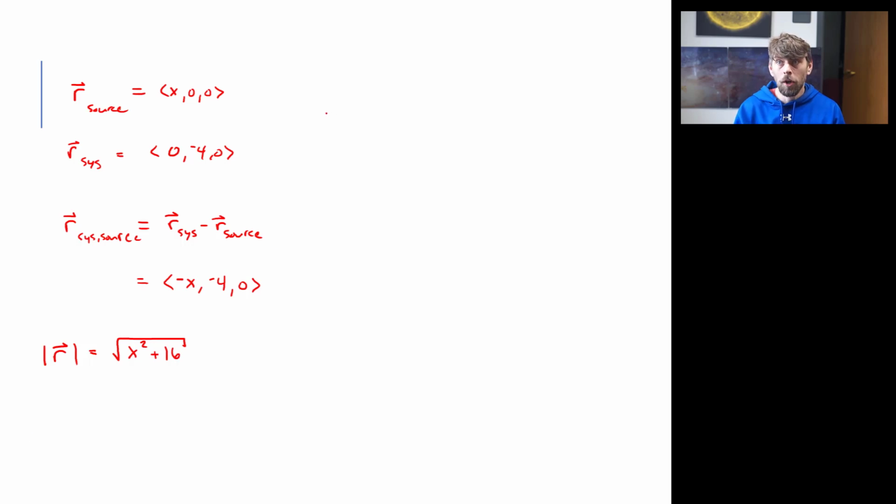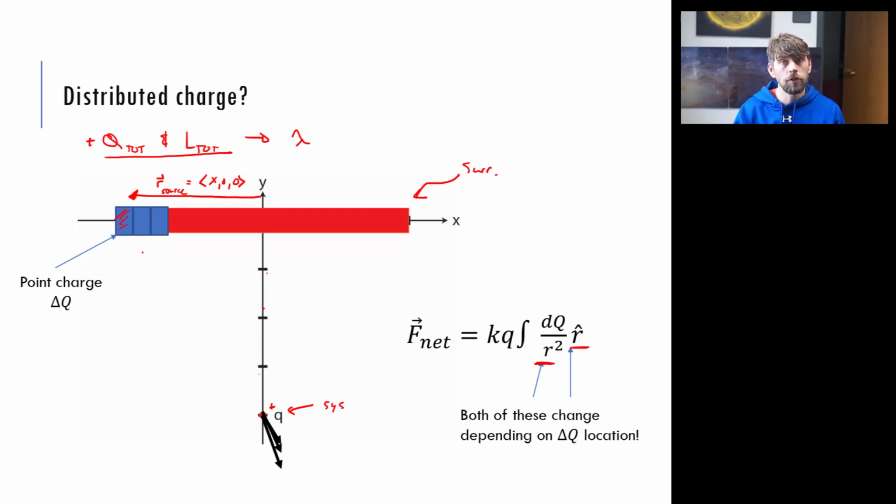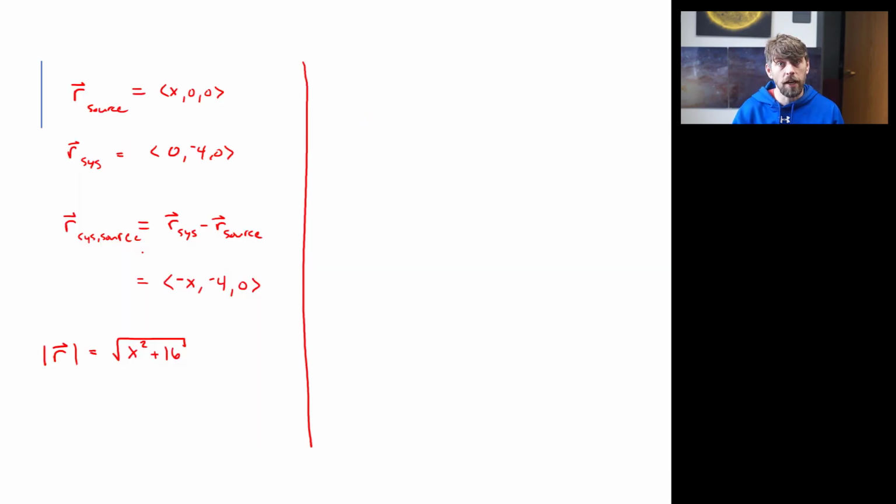Okay. Well, let's keep going. Because of that very small charge, every small charge contributes a tiny amount to the net force acting on our system. So we have a very small infinitesimal force, and now I'll go ahead and write out Coulomb's law here. I'll call it dq, right?